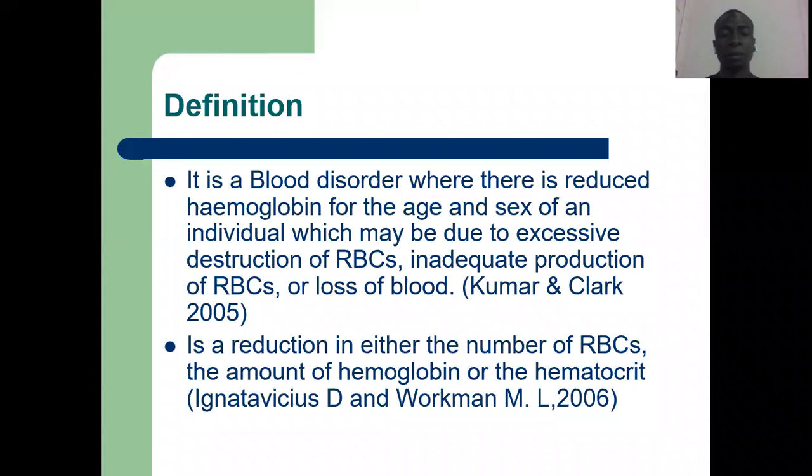So, what is anemia? Anemia is a blood disorder where there is reduced hemoglobin for the age and sex of an individual, which may be due to excessive destruction of red blood cells, inadequate production of red blood cells, and loss of blood.